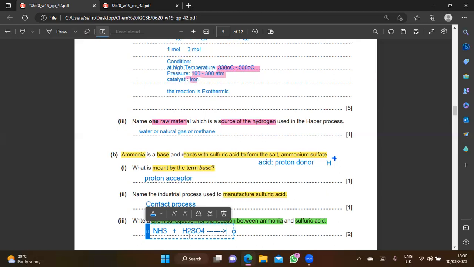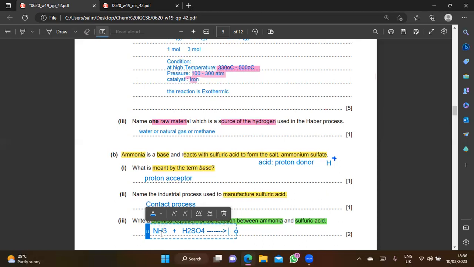What is ammonia? Ammonia is actually an alkali or a base. And then you've got your sulfuric acid, which is an acid. So what will happen? Well, it's very easy. This is a sulfate, yeah? So this is ammonia.